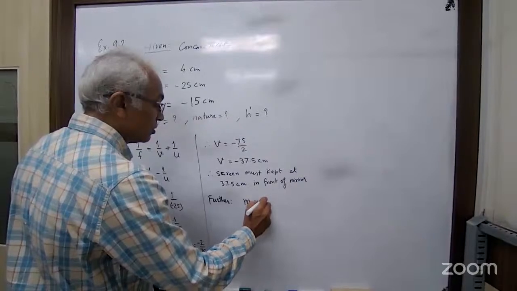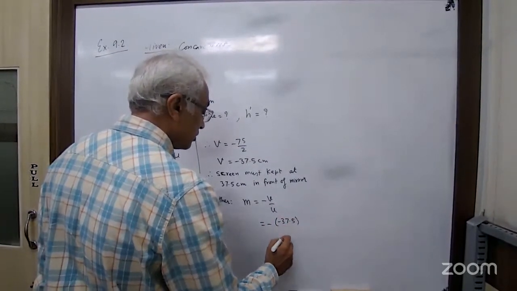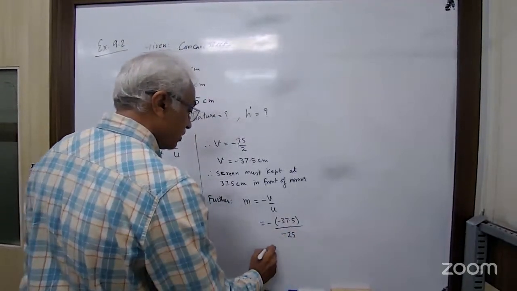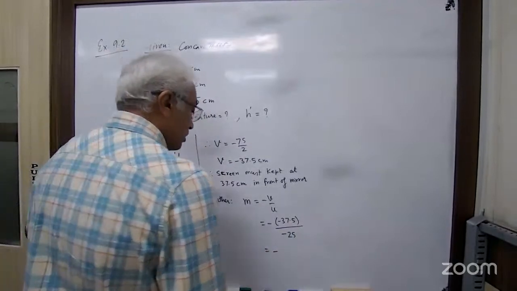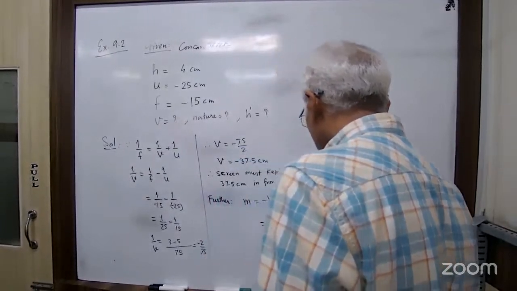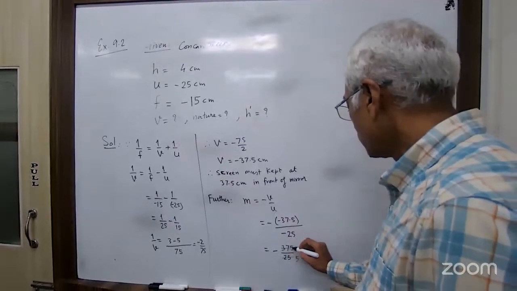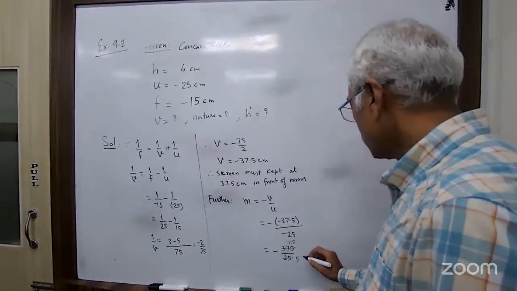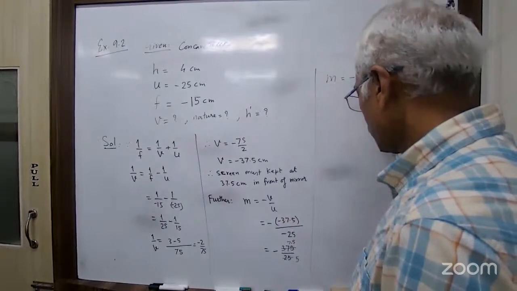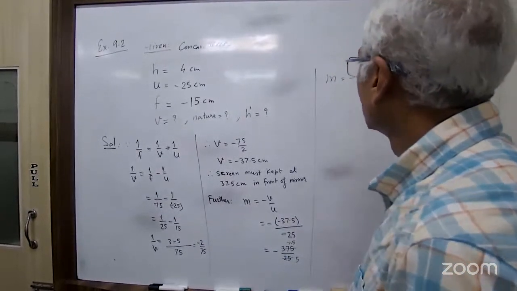M is equal to minus V by U. So minus 37.5 or minus 25. ये फिर से माइनस ही आएगा. ठीक है, तो ये कितना होगा, 5 से कट करो. 5 7 का 35. ये कितना हो गया, 2.5? So M is equal to minus 1.5. ठीक है.